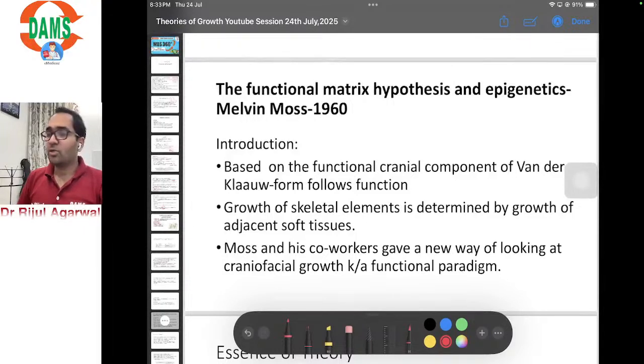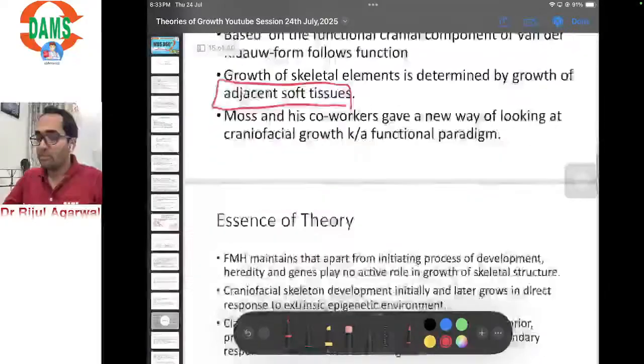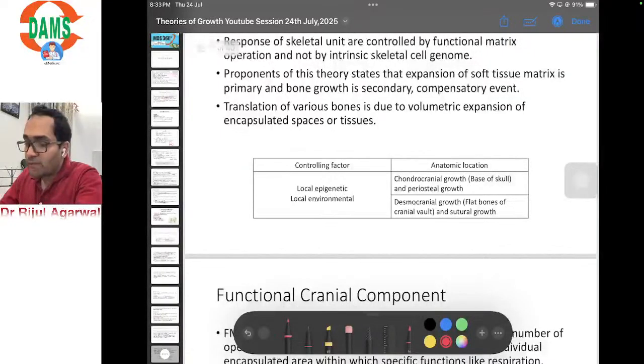The next important point is that the growth of the skeletal elements is determined by the growth of the adjacent soft tissues. So from suture to cartilage, now we have moved towards growth being regulated by soft tissue. It is no longer dependent on the genes; we have completely moved away from them. What are the controlling factors?